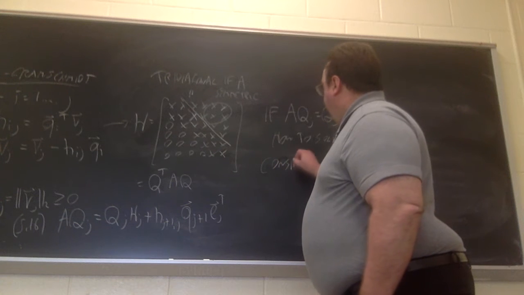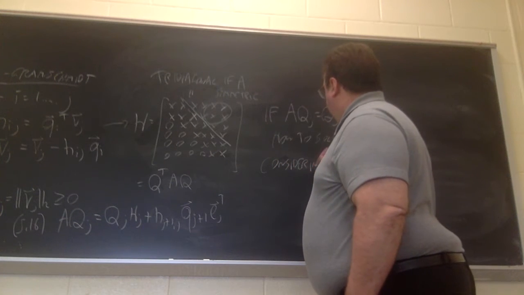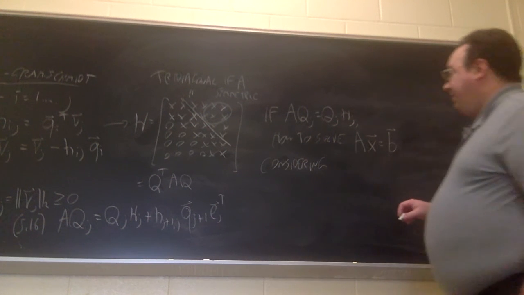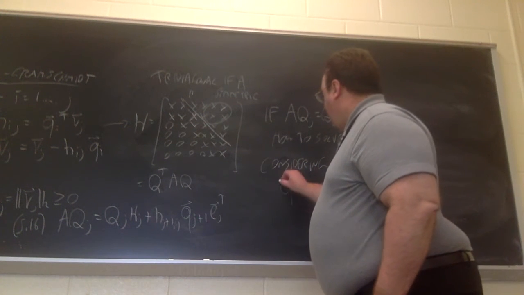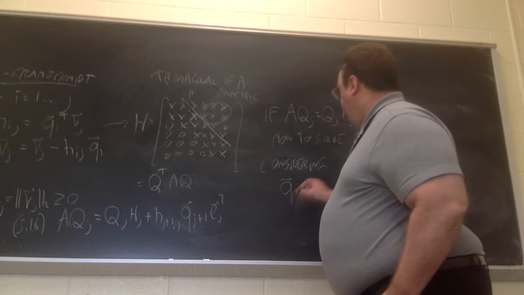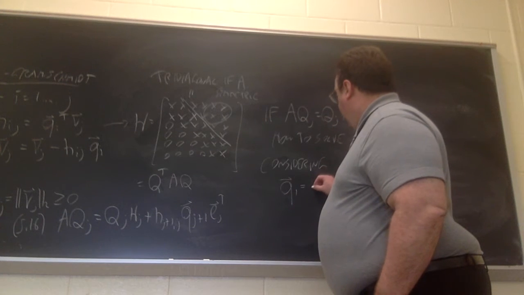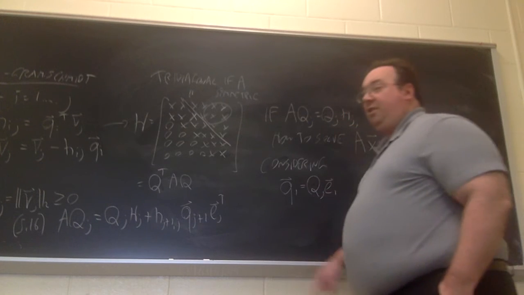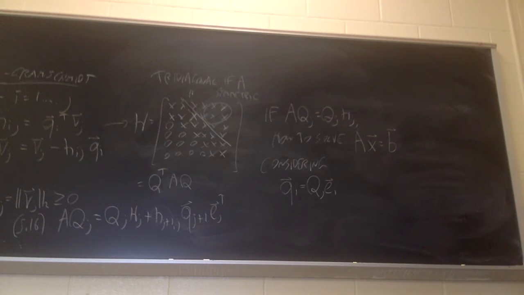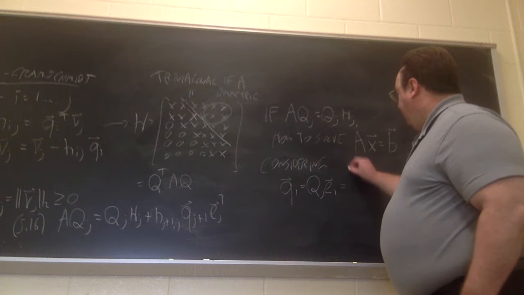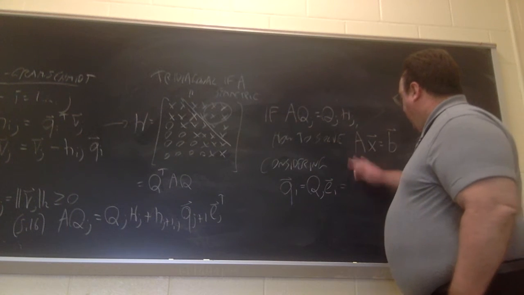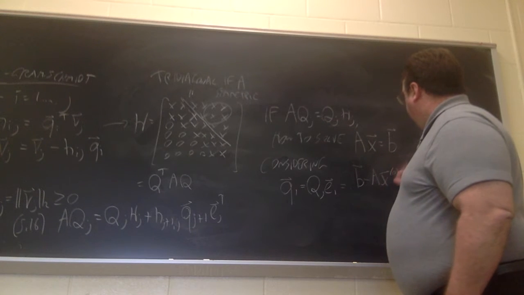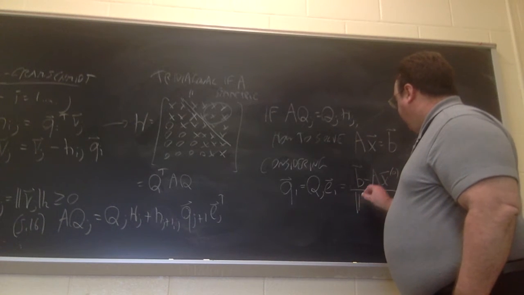To answer that, what you need to take into account besides all this is that the first column of Q, which can also be written this way, Q_j e_1, happens to be equal to b minus A x_0, normalized.